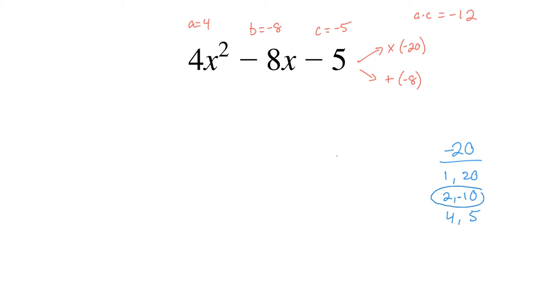So those are our two numbers. 2 times negative 10 is negative 20, and 2 minus 10 is negative 8. So we got to use those two numbers and break up that middle term, decompose that middle term. So we're going to get 4x squared plus 2x minus 10x minus 5.